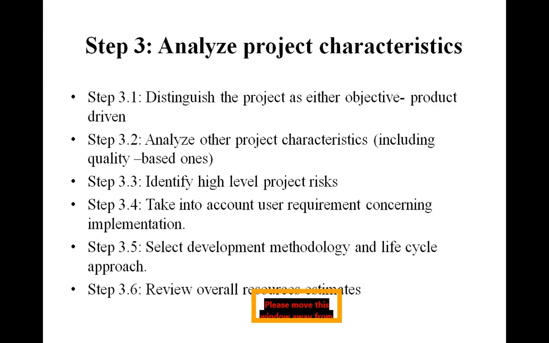Next one, review overall resource estimates. Here we check how these resources are working, and whether they increase or decrease the cost. We have to take action to increase or decrease the resources by reviewing the overall resource estimation.